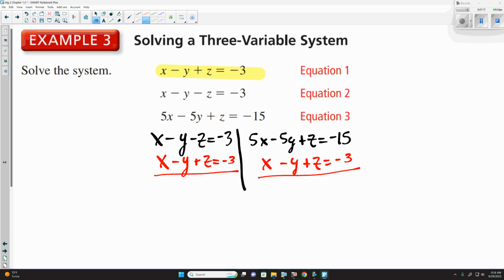Since I don't have to do anything to z to get the numbers in front of them to be the same, we can just put them underneath. Kind of like yesterday when we got down to our two equations with two variables. Since the values in front of y were the same, we just put them on top of each other and simplified. Questions on this here?